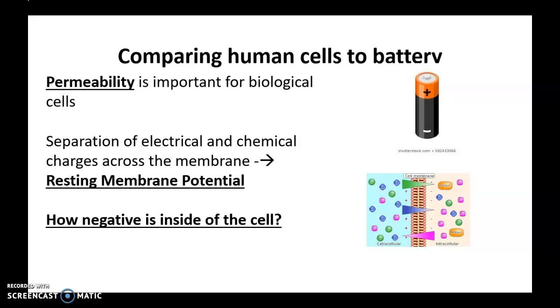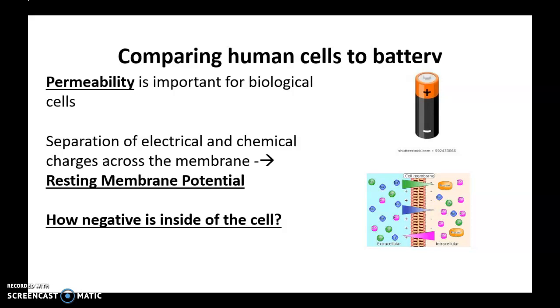A membrane should be permeable to certain molecules or to certain ions in order to achieve equilibrium, right? Okay. And then we define resting membrane potential as the separation of electrical and chemical charges across the membrane at rest. That's resting membrane potential.